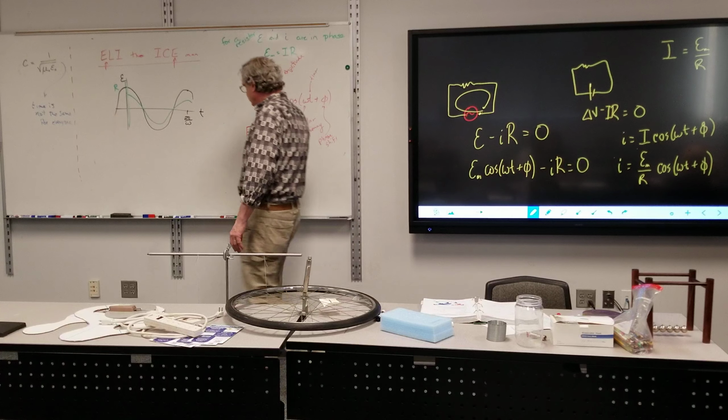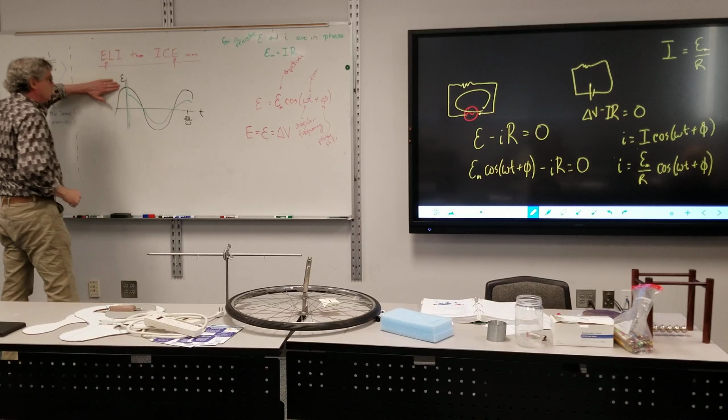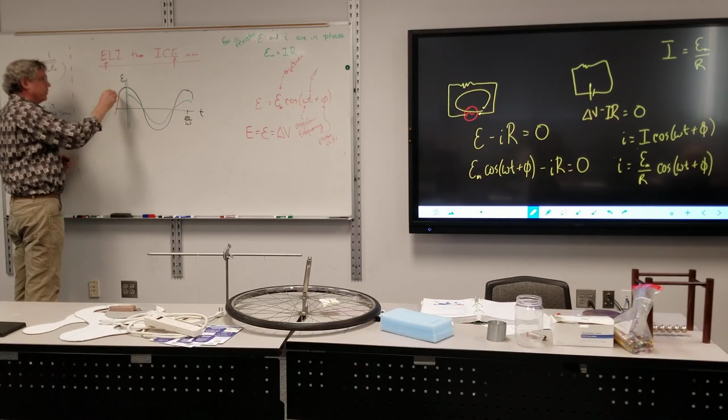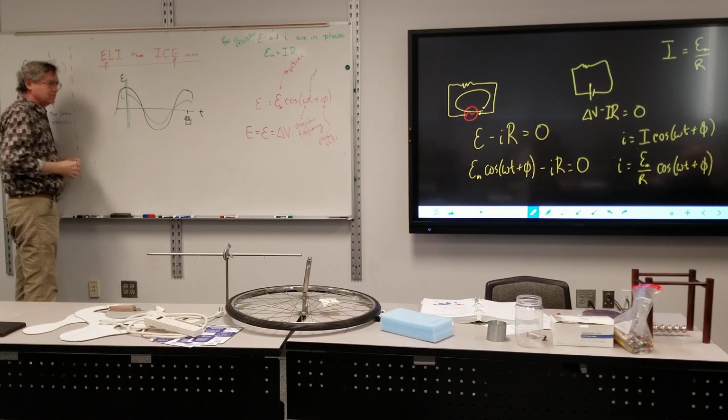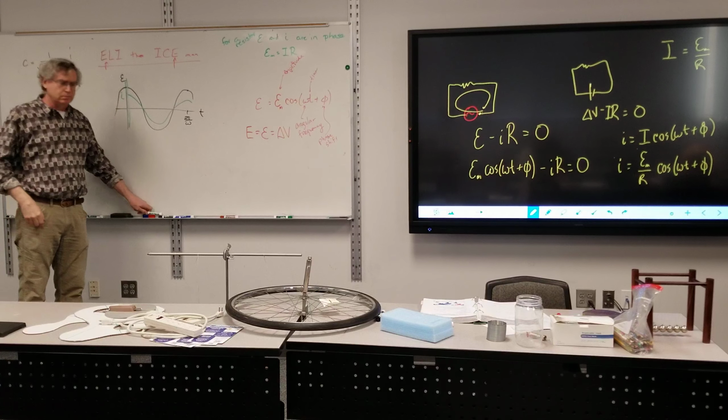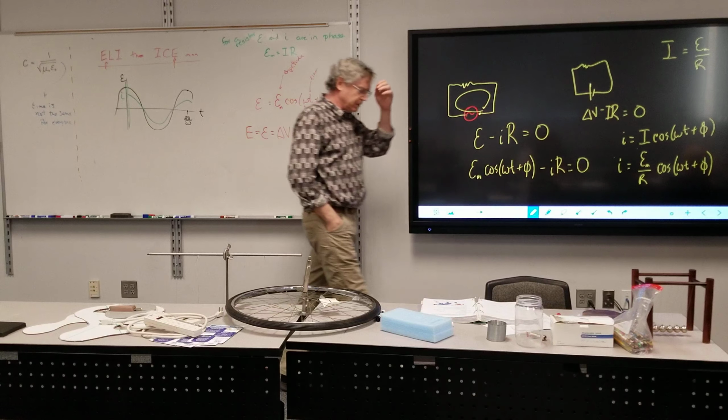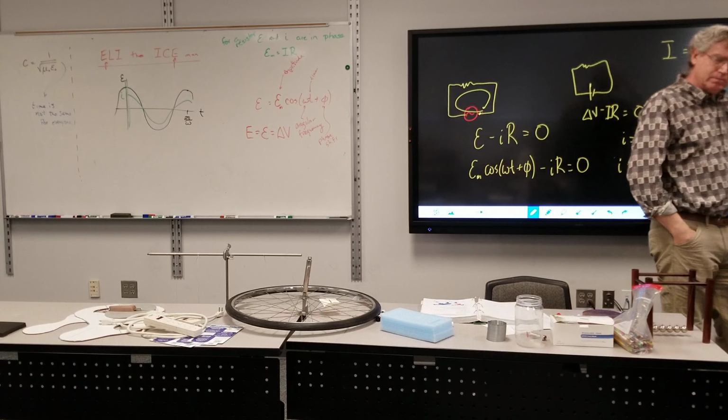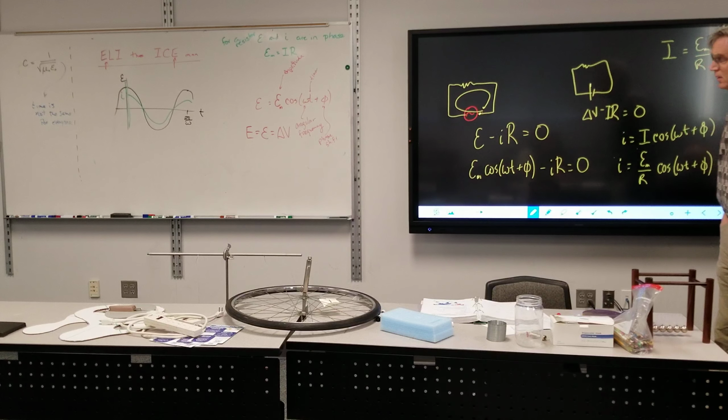There's a mistake over here. That green line is current for the resistor. It should be, the green should be current, not resistance.